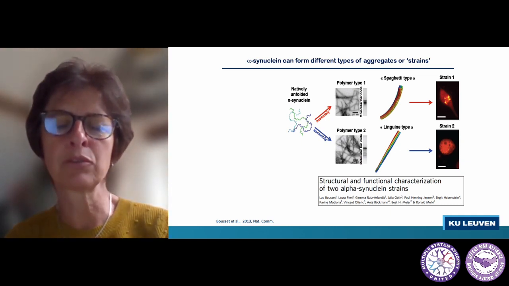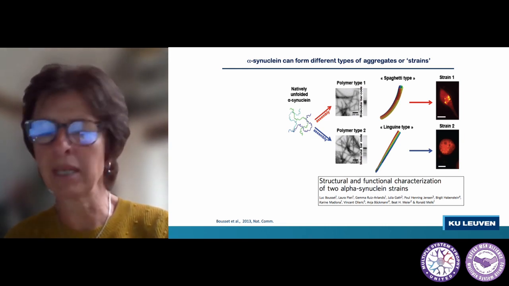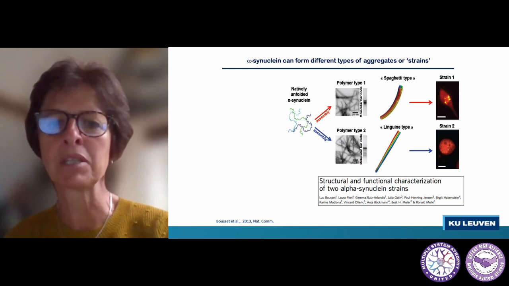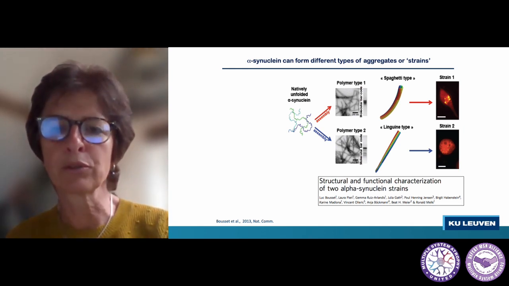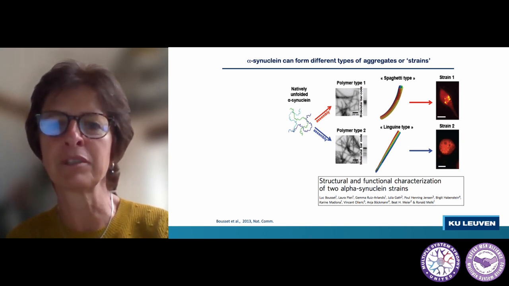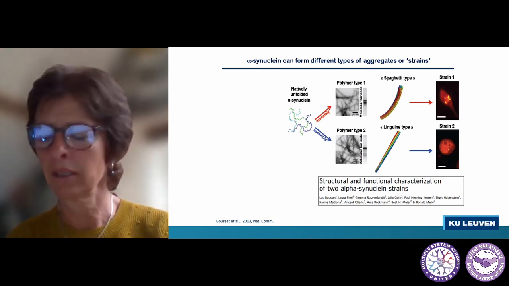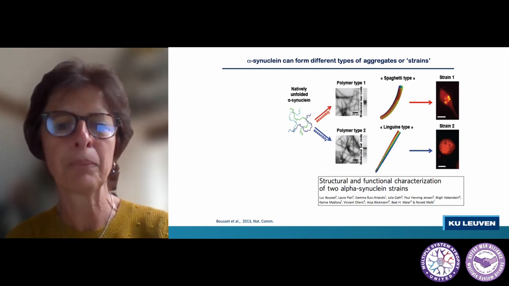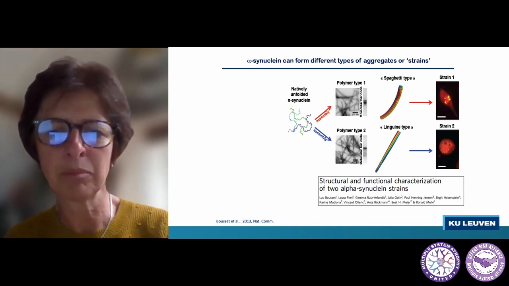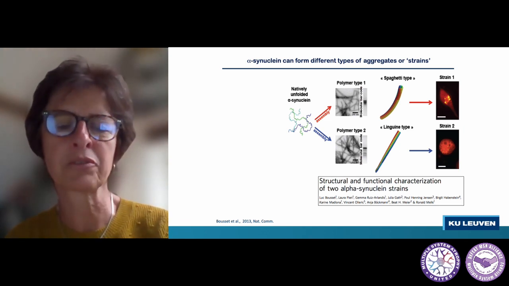It's a bit like Lego blocks with the same units, you can make different kinds of three-dimensional constructions, or you can compare it with different types of pasta, where you have different shapes, more spaghetti type or more linguine type. They're made from the same component, but they have a different shape. And this can be called strains.